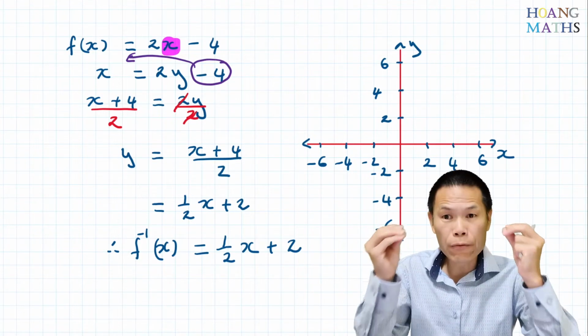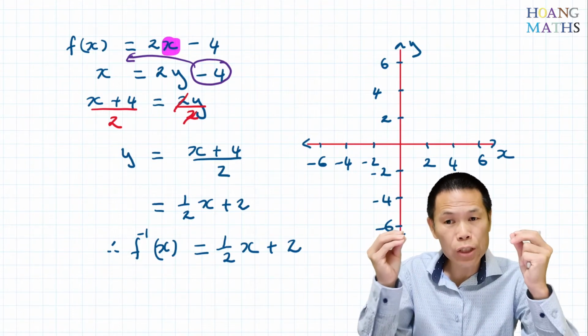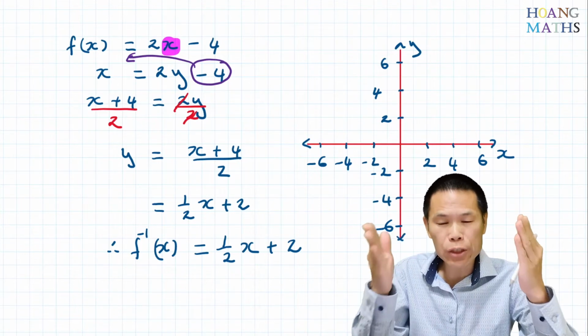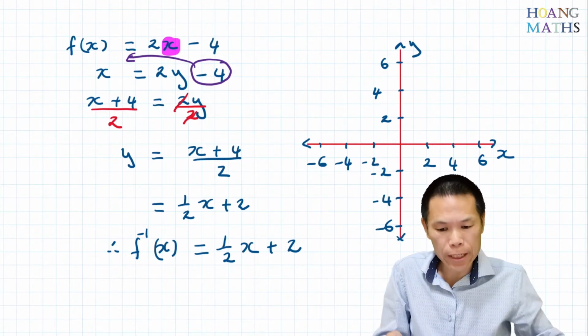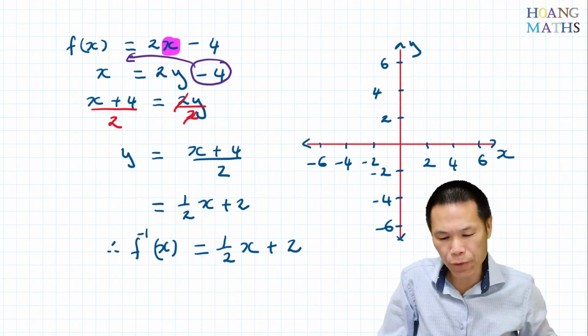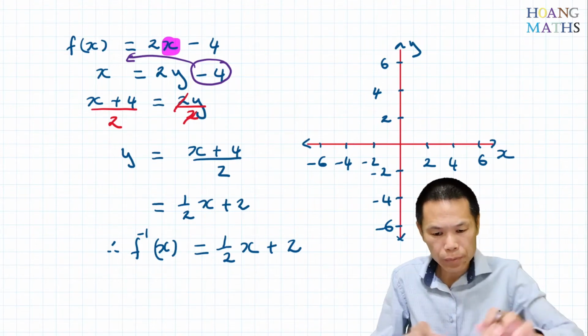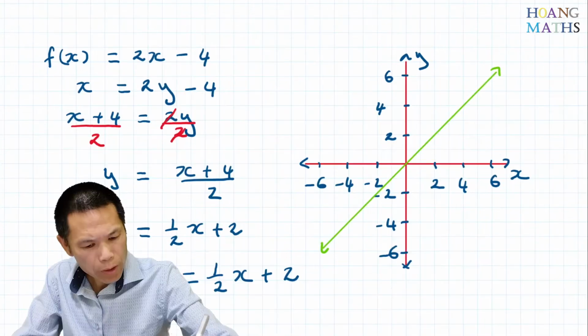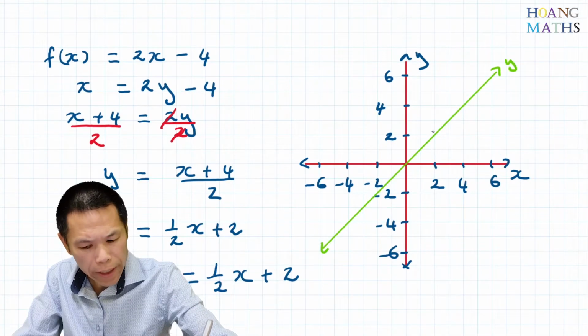Remember, the inverse function is the reflection of the function about the line y equals x. So it's better to draw y equals x first, so you can see the reflection. So this is y equals x.